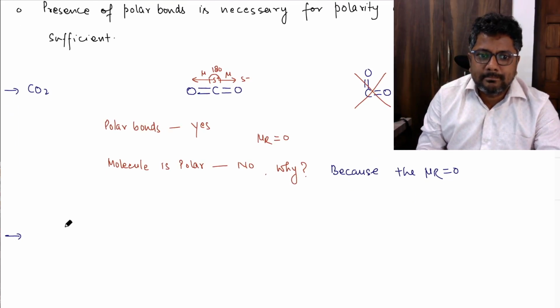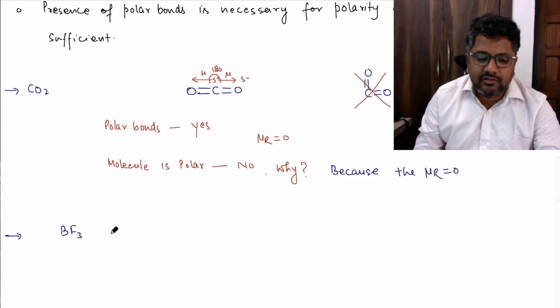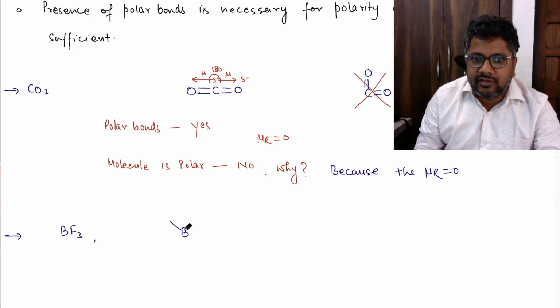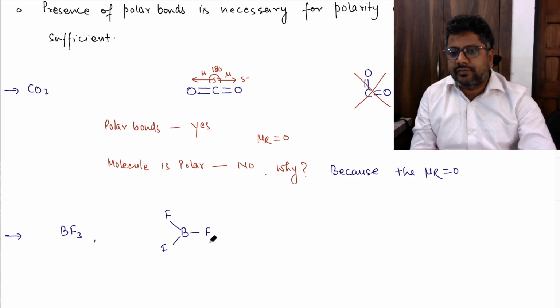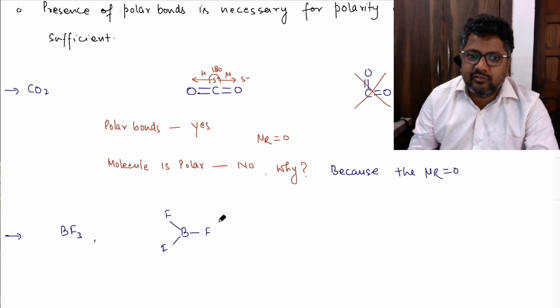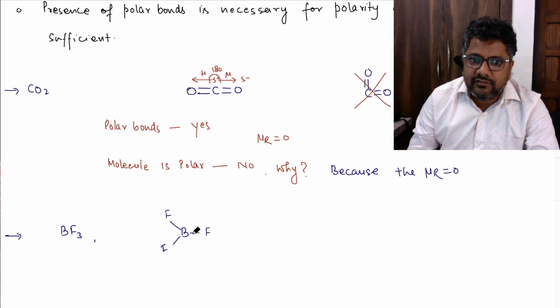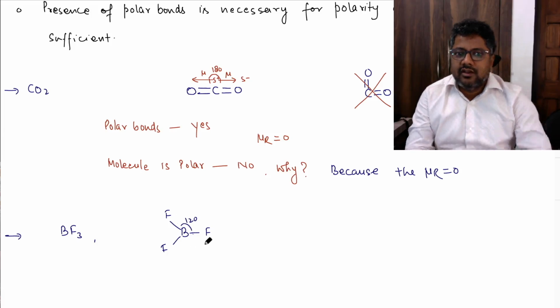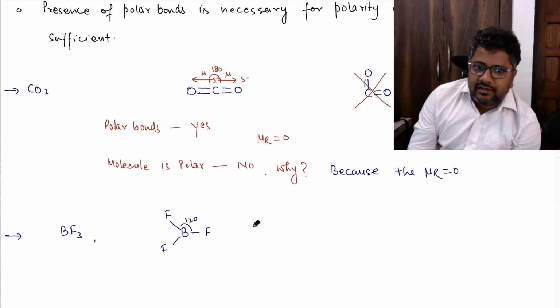Similarly, if you see the BF3 molecule, 3 bonds, sp2 hybridized. If you are not able to draw the perfect structure, you cannot predict the dipole moment. So the bond angle is 120 degrees, 3 vectors oriented at the same angle from each other.